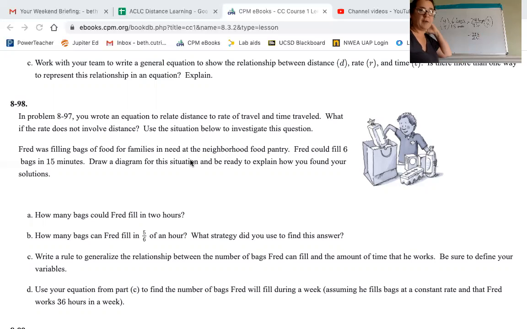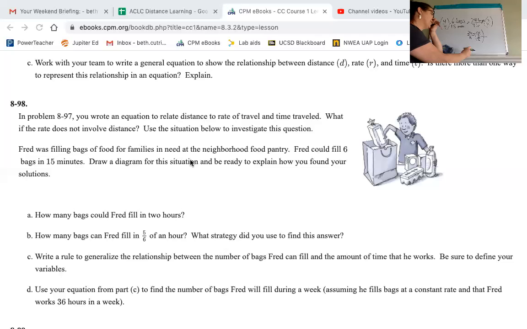And for B, it says, how many bags can he fill in 5/6 of an hour? What strategy did you use to find this answer? So we are going to multiply by 5/6. So we have 24 bags in an hour. And we want to know 5/6 of an hour.